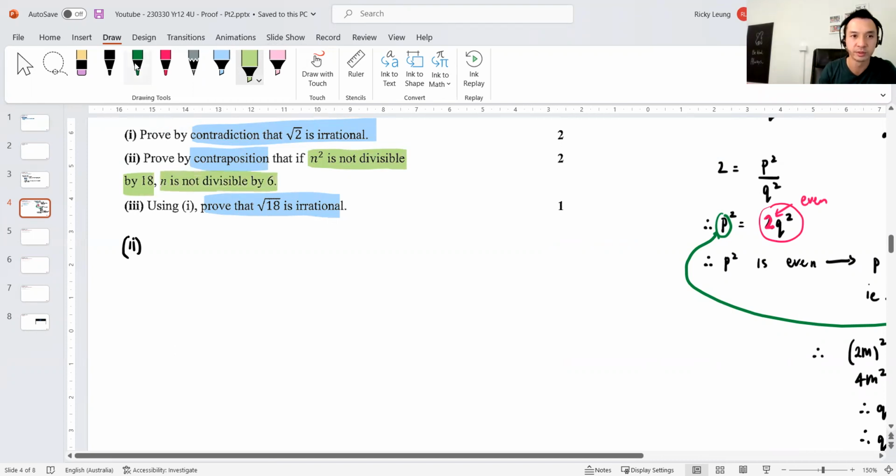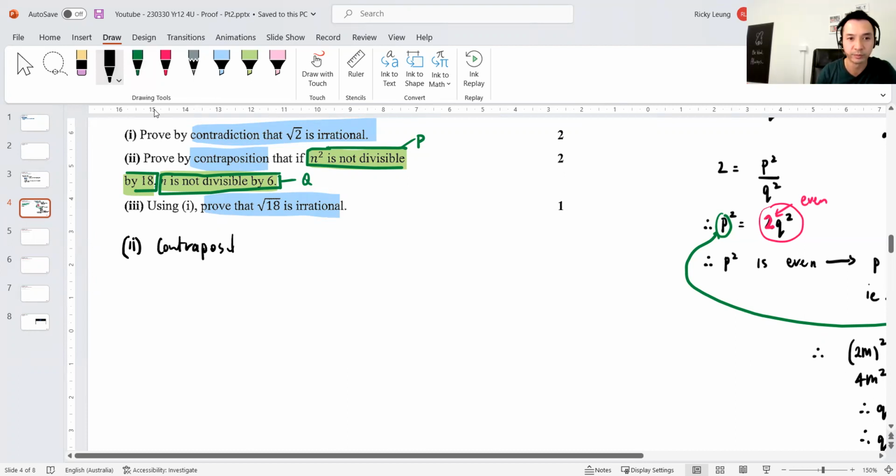So this thing here is like my P, and this thing here is like Q. So right now, P implies Q, so we state the contrapositive, or contraposition, that they want me to prove, where it's basically not Q implying not P.